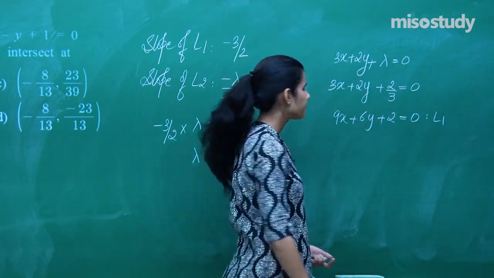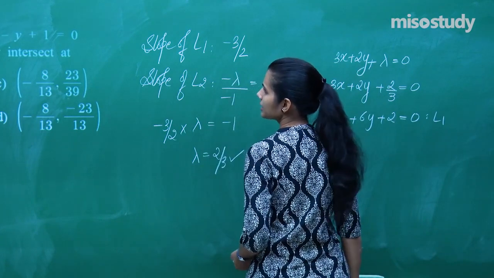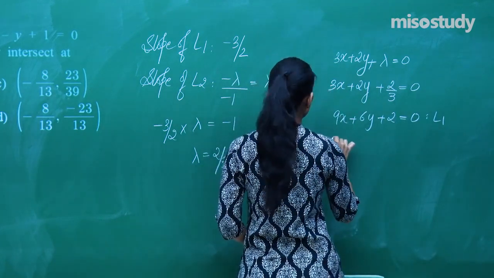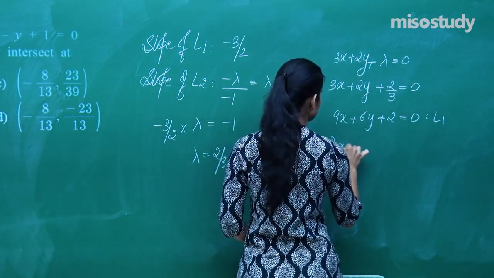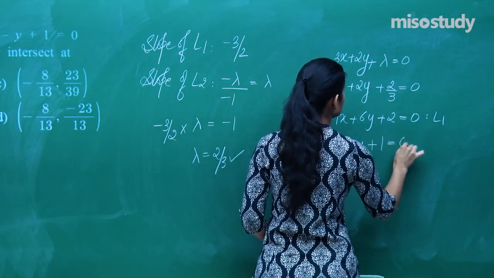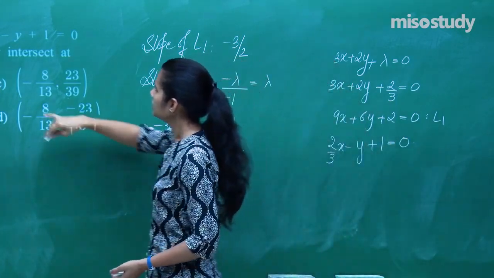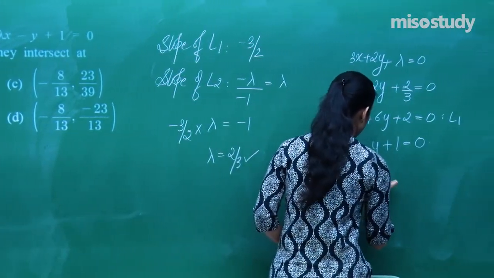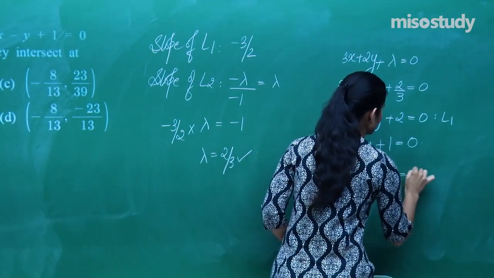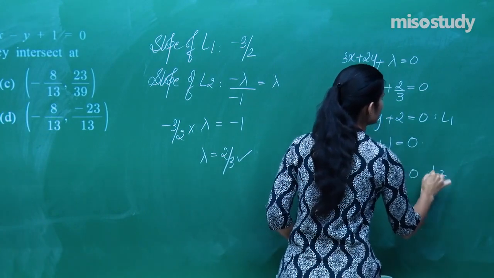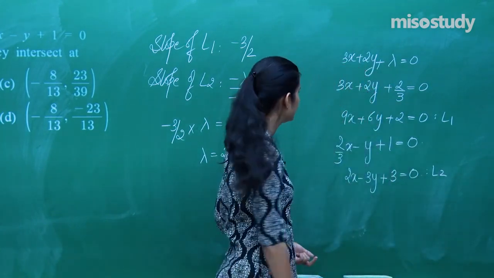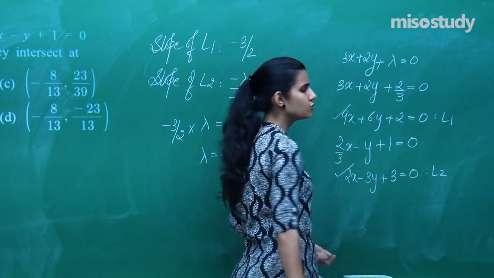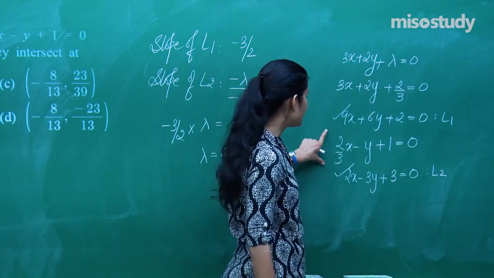This is L1. And then you have lambda x minus y plus 1, so lambda is 2 by 3, x minus y plus 1 is 0. So this gives you 2x minus 3y plus 3 is 0. This is L2. Clear?